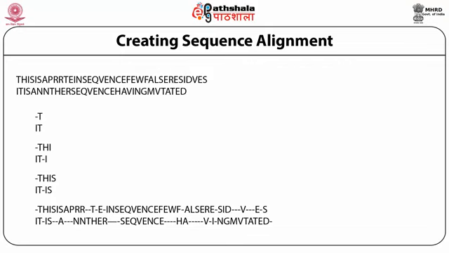If the first residue in both the sequences is not identical, then the second residue in the second sequence is compared with the first residue in the first sequence. If they are identical, then the first residue in the first sequence is placed in column number 2 in the first row, and the second residue in the second sequence is placed in column number 2 in the second row. This is called alignment of identical residues in columns.